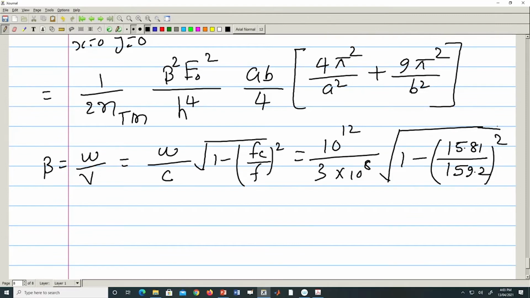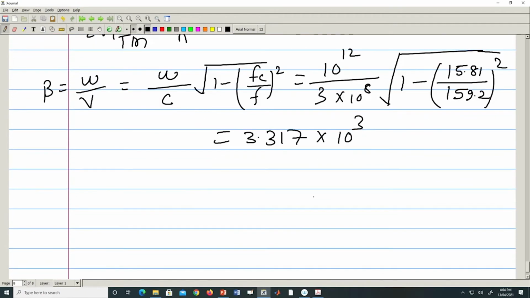Gigahertz cancels out. So, beta we will get as 3.317 into 10 to the power 3. So, this is the value of beta.